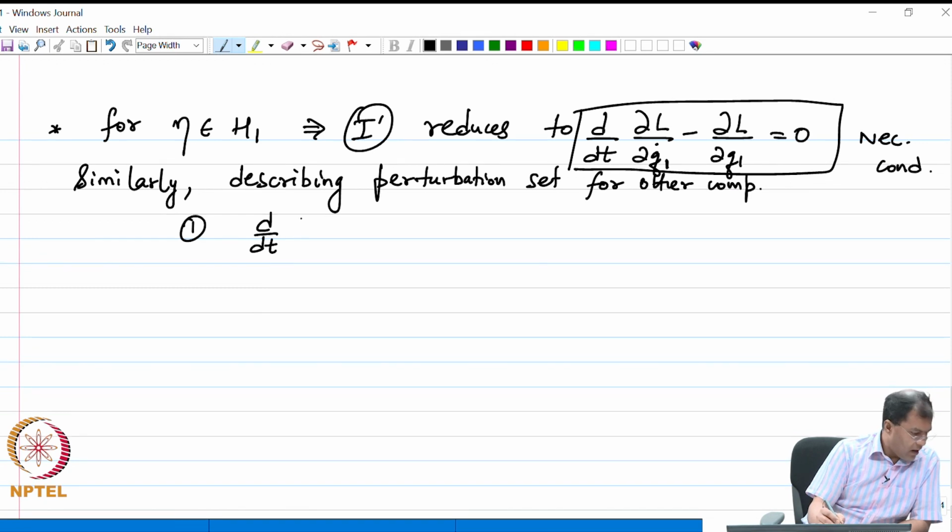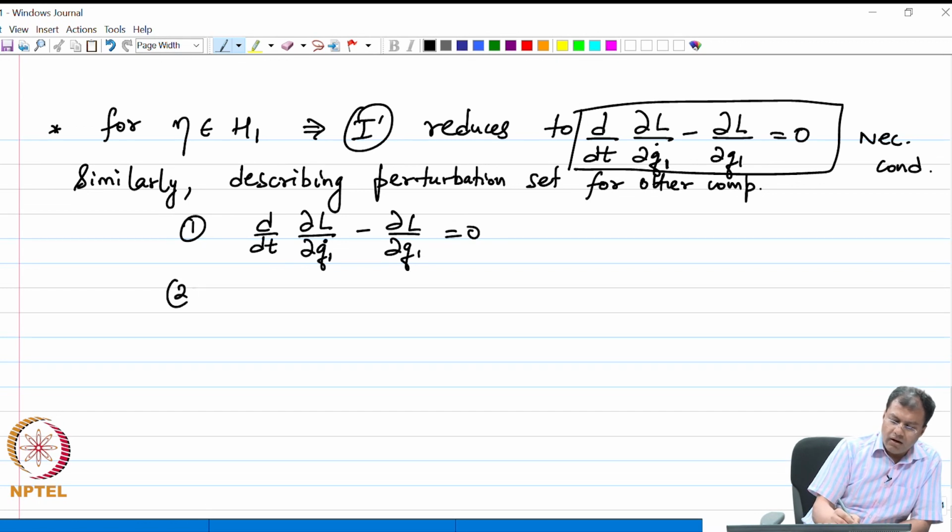The first Euler-Lagrange equation describes the extremal for the first component. The second describes that for the second component, and so on.